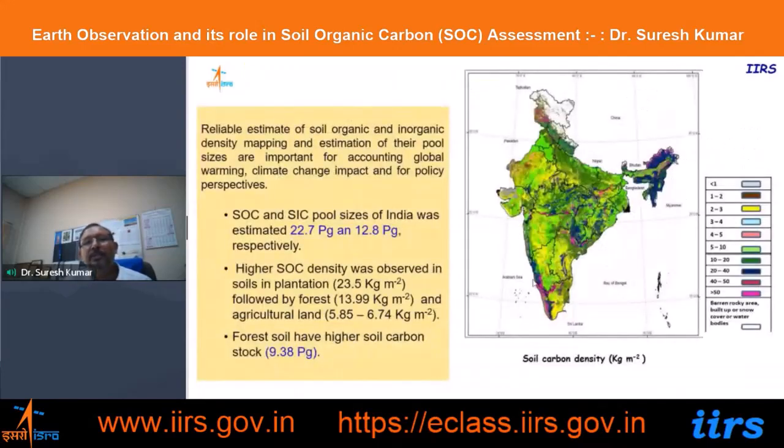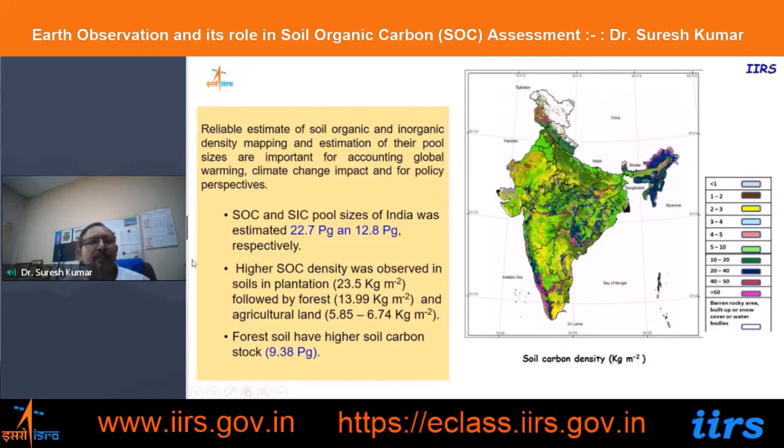And here you see the first map of India showing the soil carbon density, how soil carbon density is changing in our country. In the legend, the green color shows 5 to 10 tons per hectare of carbon present.